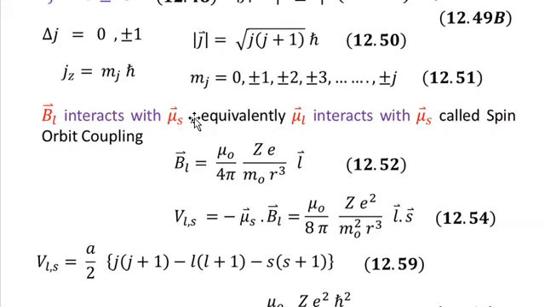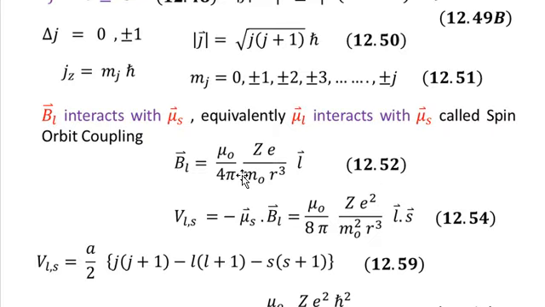But in principle, we can equivalently say that it is the interaction of the spin magnetic moment and the orbital magnetic moment, and we have this relationship derived in lecture number 12C, which is shown in equation number 52.